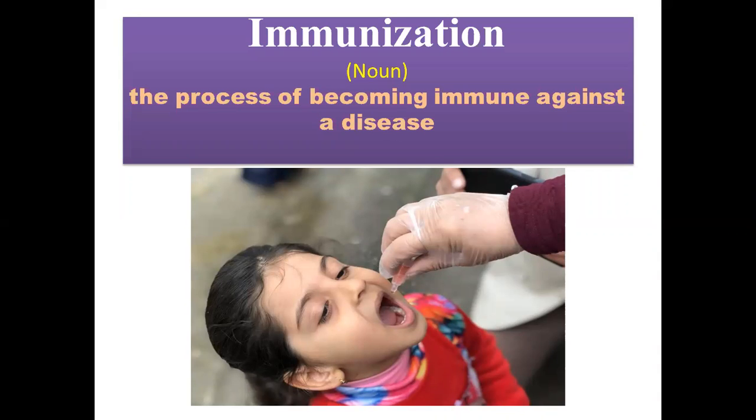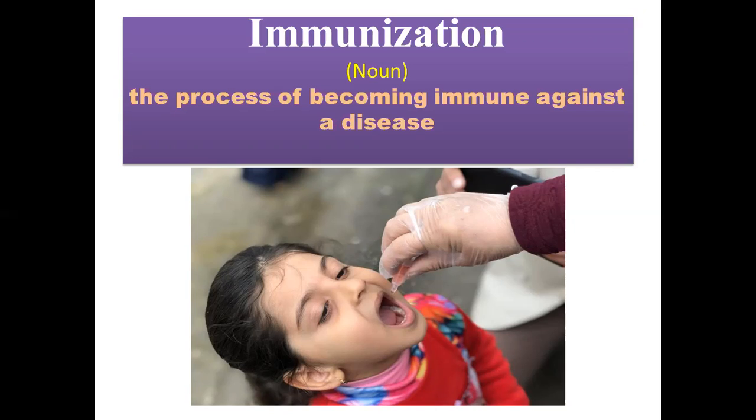Okay, so immunization is the process of becoming immune against a disease. So building up your immune system, building up your ability to fight the diseases. That's immunization. It can be done through vaccination or by giving you some medicines or by following a healthy schedule, following healthy practices.